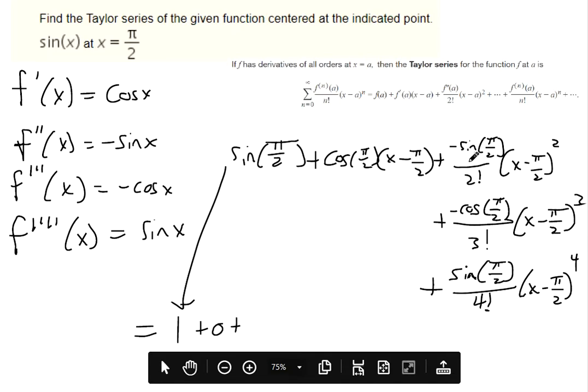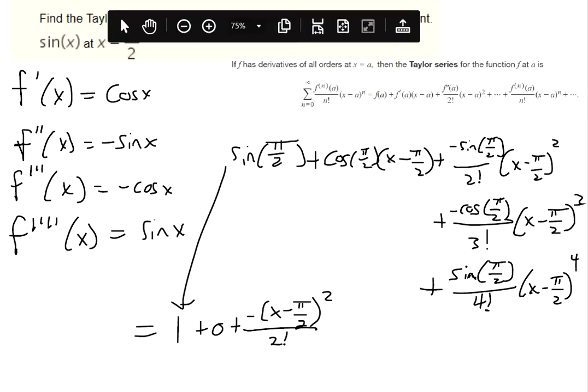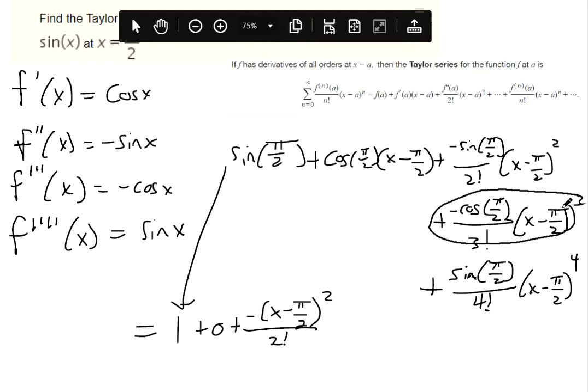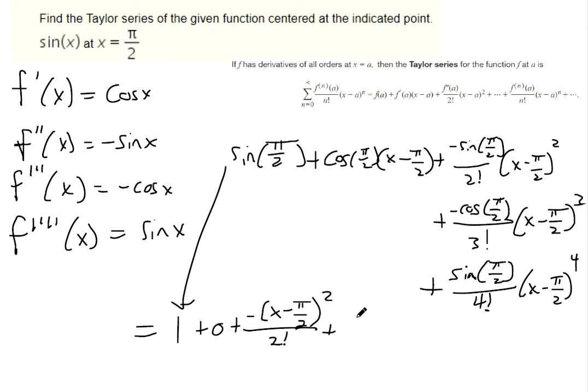And then we have negative sine pi over 2, which is negative 1, and then it's x minus pi over 2 squared, all over 2 factorial. And then the next term is 0. This is 1, so that's x minus pi over 2 to the 4th.